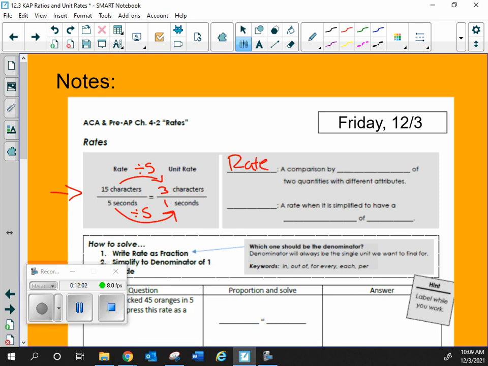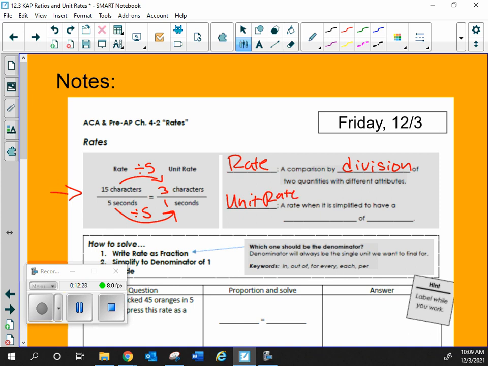A rate is a comparison. If I write it as a fraction, what operation is a fraction? When I write any fraction, what operation is it telling me to do? Division. A rate is a comparison by division of 2 quantities. A unit rate is when we break it down.